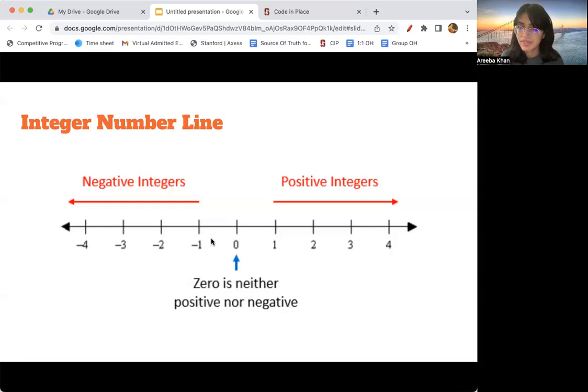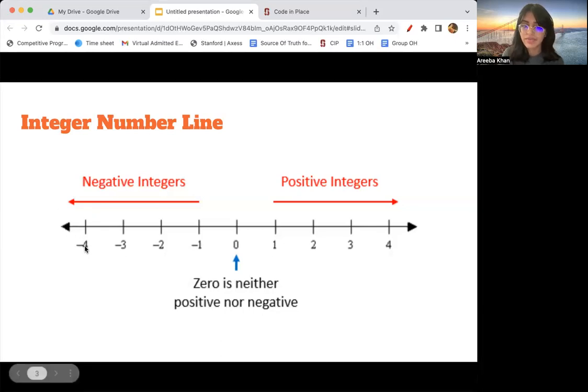So one way to remember this is always going from left to right. On a number line, going from left to right, numbers are increasing, and going from right to left, we're always decreasing. So negative integers are going to be going off to negative infinity if we keep going to the left, and they're becoming more negative.